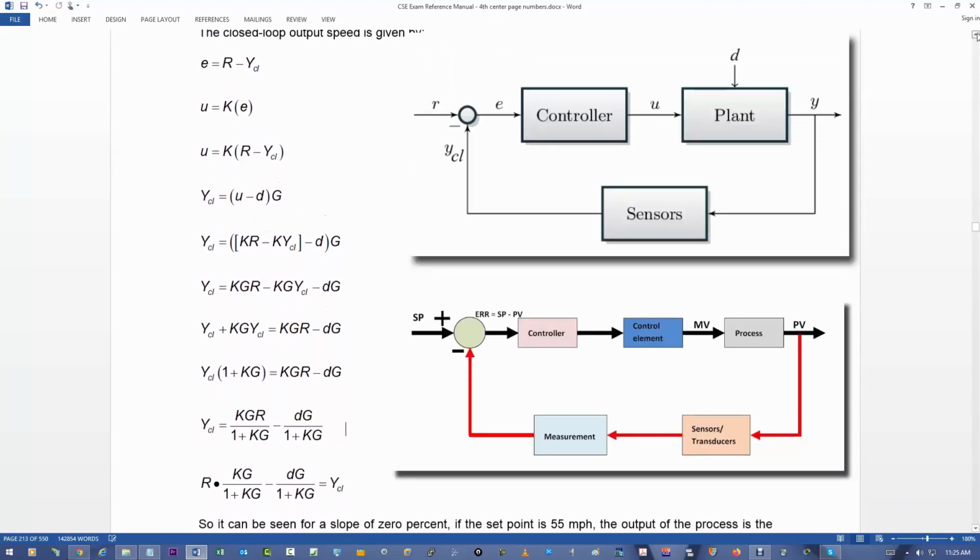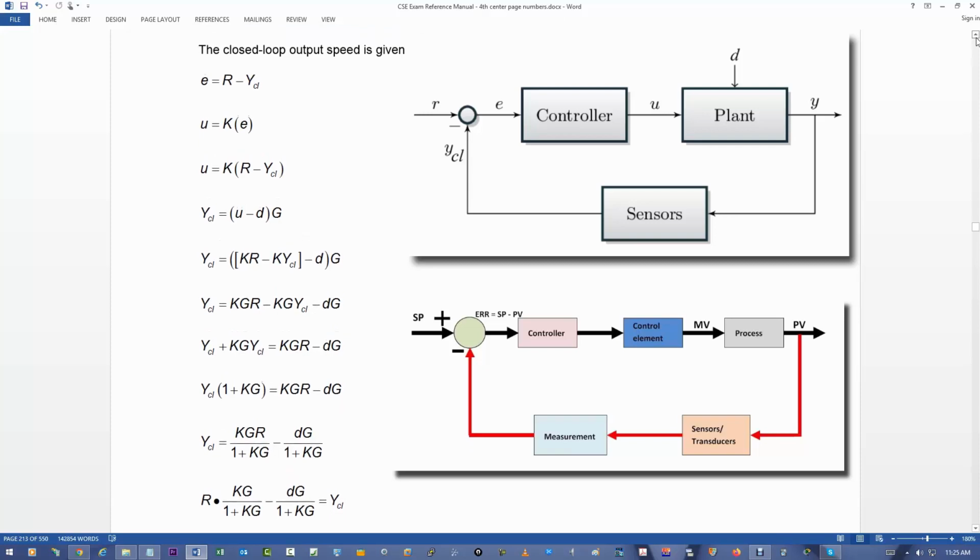So we got U, the manipulated variable, is K times E. The output of the controller equals the gain of the controller times the error. So the output of the controller, U, equals K times, substituting for E, set point minus process variable, YCL.